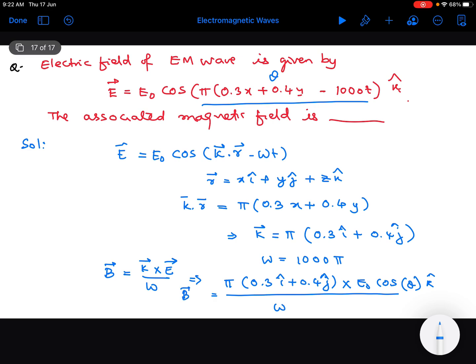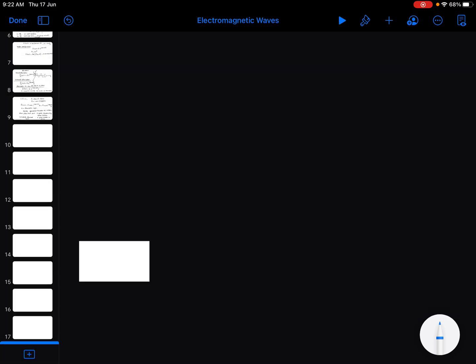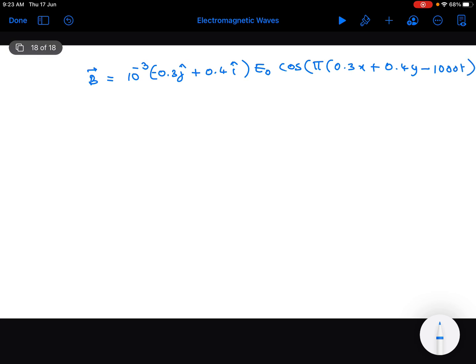When we do this cross product, we get B bar is equal to 10 power minus 3 times (minus 0.3 j cap plus 0.4 i cap) E0 cos of pi times (0.3x plus 0.4y) minus 1000 t. This is the magnetic field that we get.